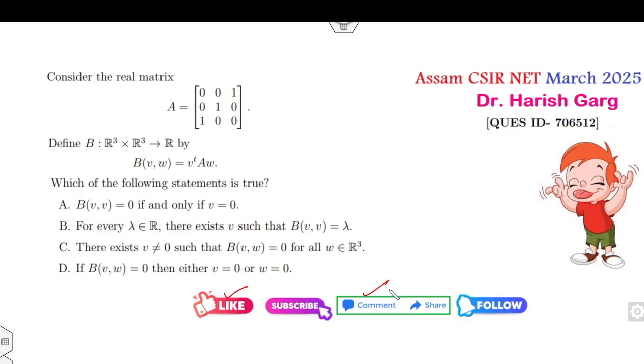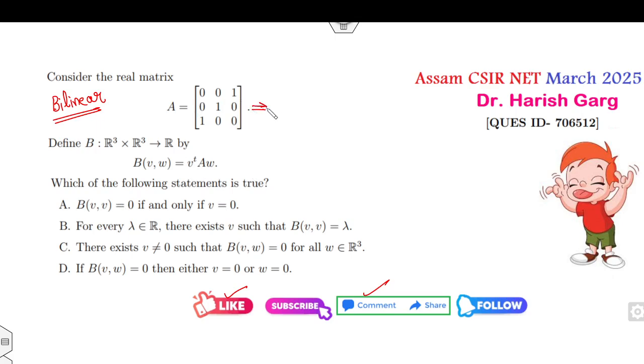Okay, consider the real matrix. This is a bilinear form. Basically this question is from linear algebra, but let me explain it in a very simple manner. B of (v, v) is 0 if and only if... Very simple.